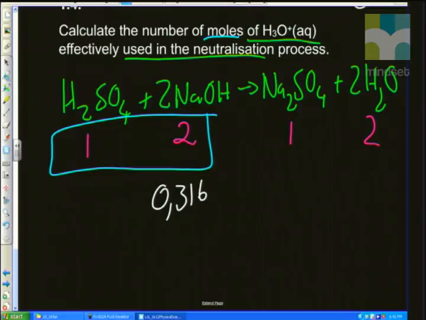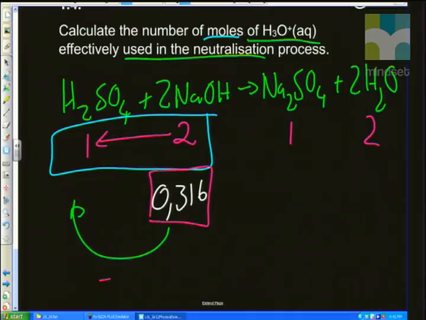Now, how do we get to that number of moles? We're going to go from here to here. We need to use the ratio 2:1. So how are we going to do it? Well, it's easy. If I went from there to there, I would divide. If I used the pink arrow to go from 2 to 1, either multiplying or dividing, I divide. What do I divide by? Divide by 2. So if I'm going to start at this point, I'm going to divide by 2 to get me my answer.